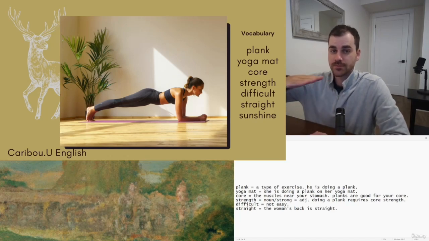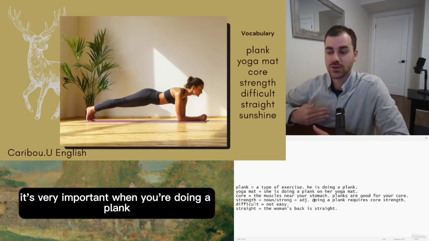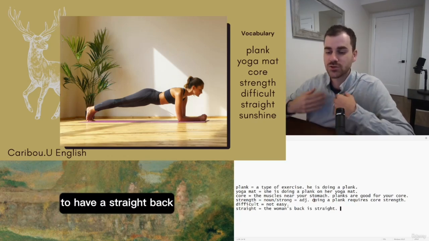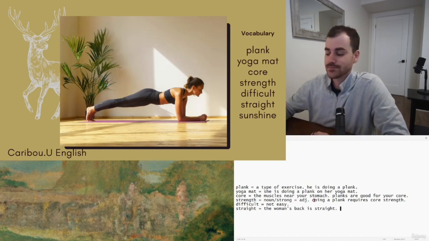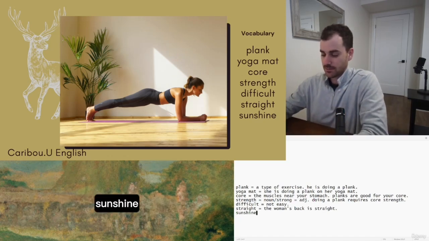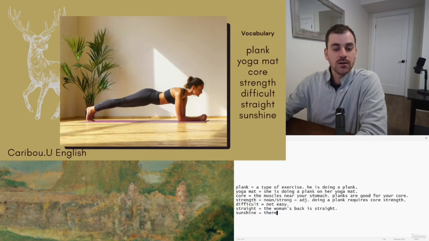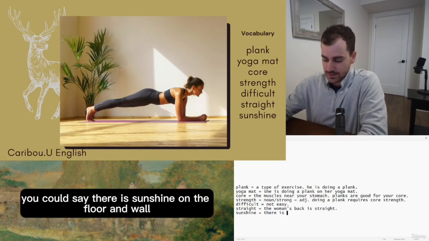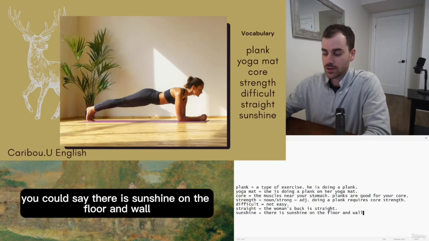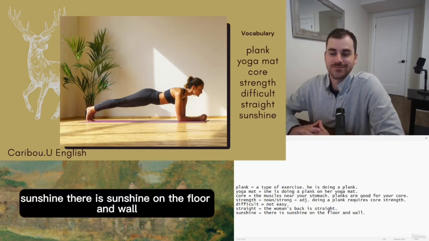So straight. It's very important when you're doing a plank to have a straight back. Sunshine. You could say there is sunshine on the floor and wall. Sunshine. There is sunshine on the floor and wall.